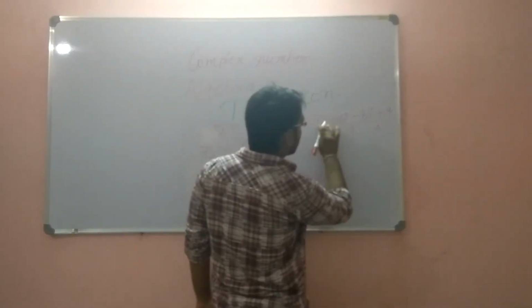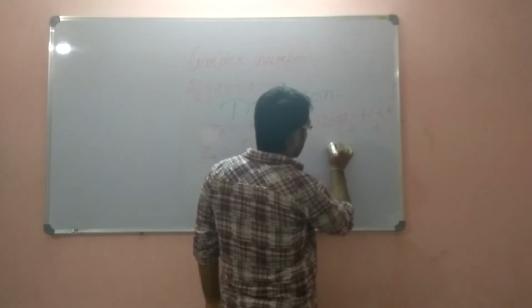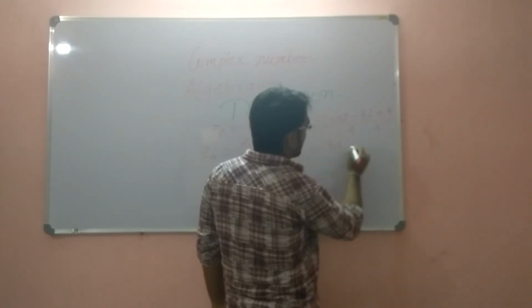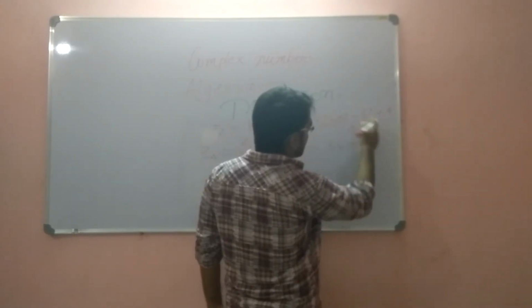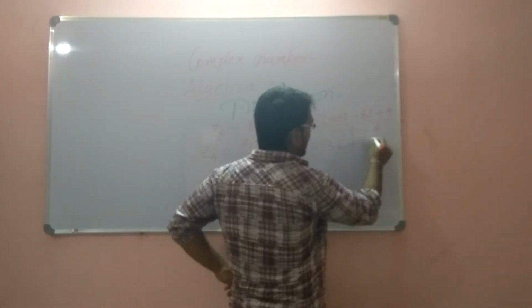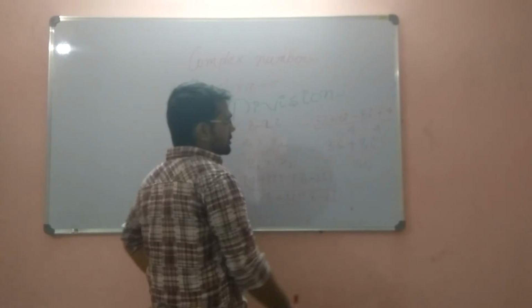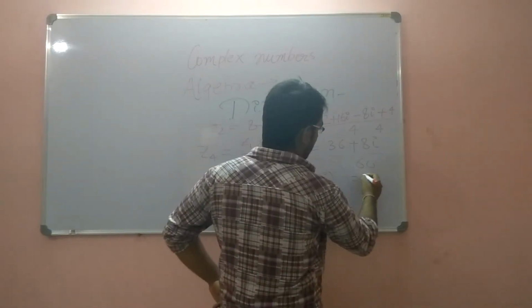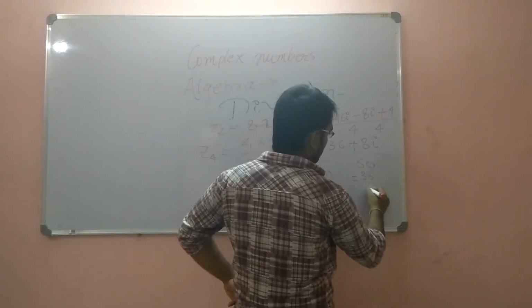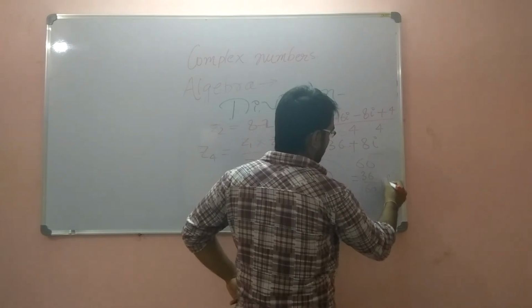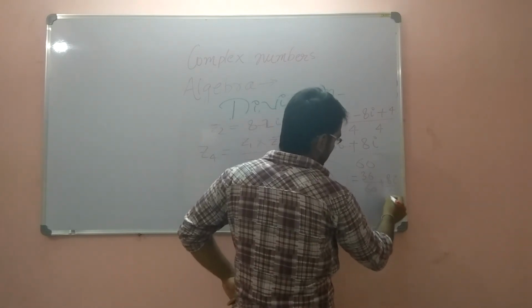So we have 32 plus 4, that is 36, plus 16 minus 8, that is 8i, divided by 68. So we can solve 36 by 68 plus 8i by 68.